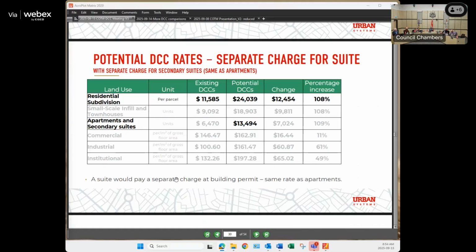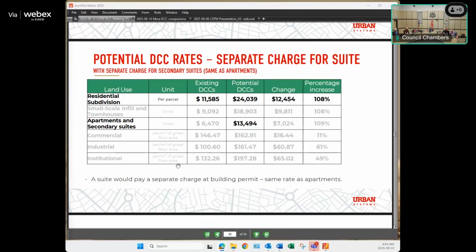Councillor Popoff. Yes, thank you. Just trying to put something in context here. The current high density, let's take the 71 unit apartment on 4th Street, is paying just under $500,000 in DCCs. If we crank it up to the proposed rate, they're going to be just shy of $1 million in DCCs.